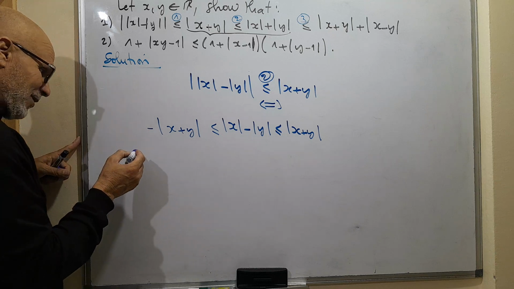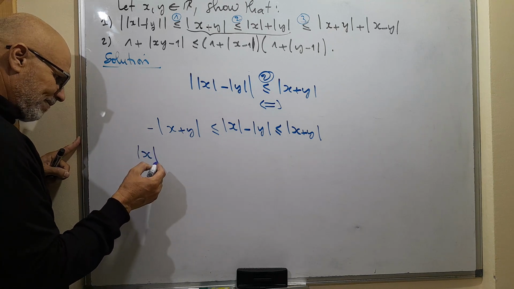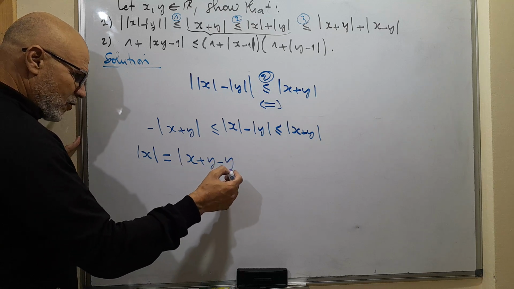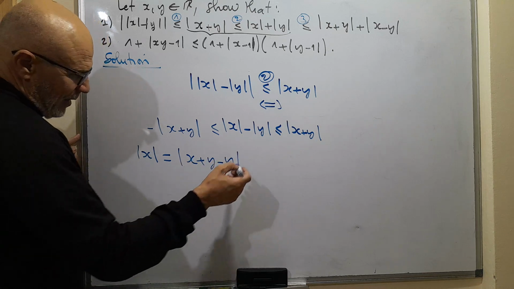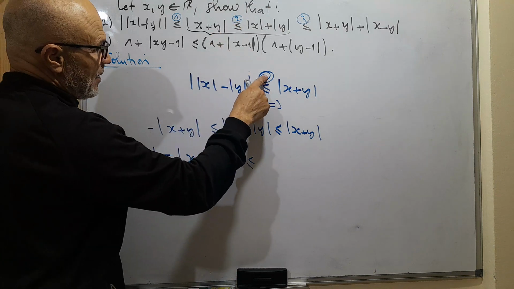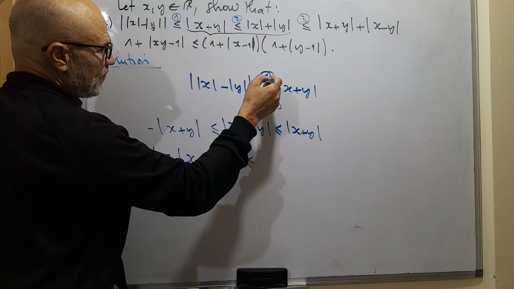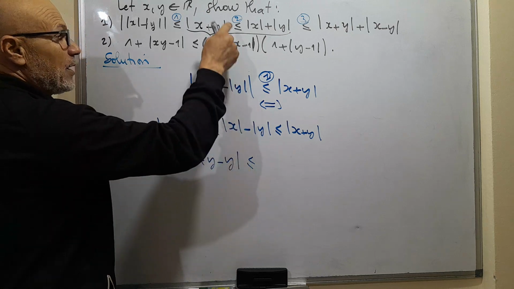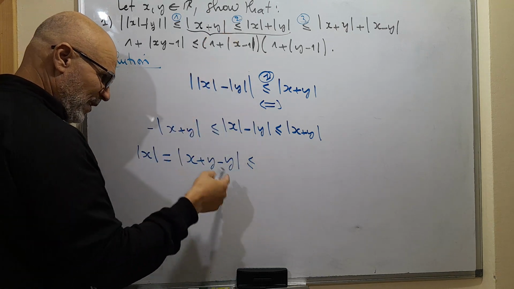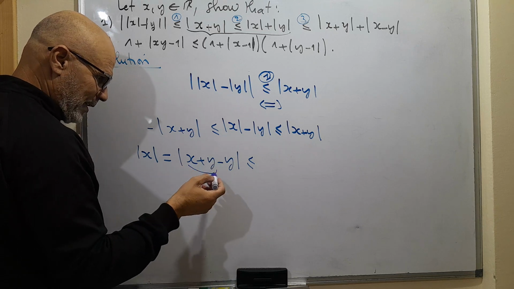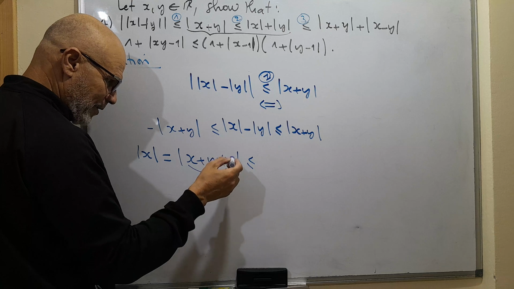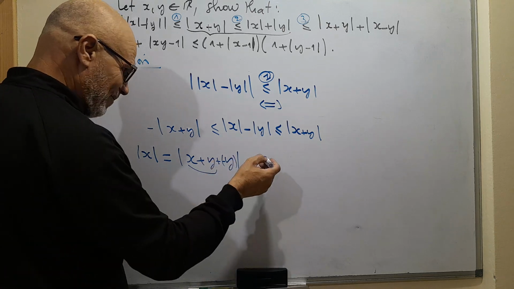Okay, we have x equal to x plus y minus y, and here we use inequality 2, since we proved 2. This is 1, and here we will use 2 since we gave the proof. We consider this as an element, and here plus, minus, and this one as an element.